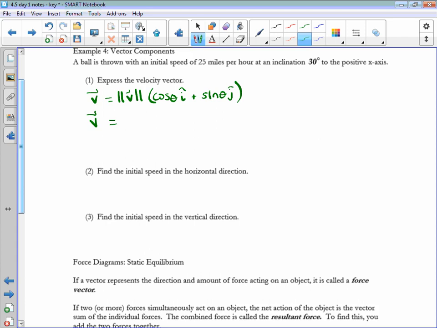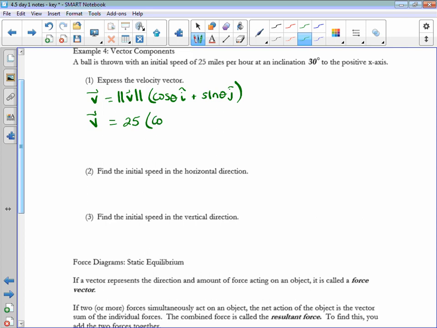Yes, the 25. Then an incline of 30 degrees to the positive x-axis. What do you think that is telling me? Right, so from here we're going up 30 degrees. That's just your theta. The 30 degrees is our theta, so we plug that in.